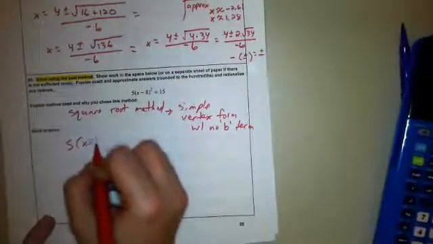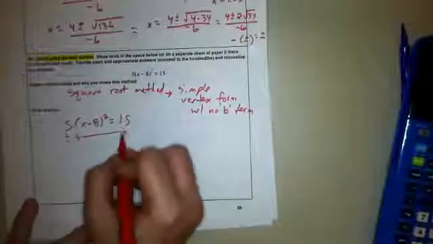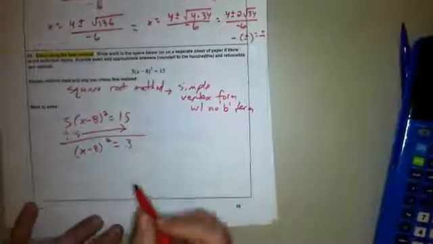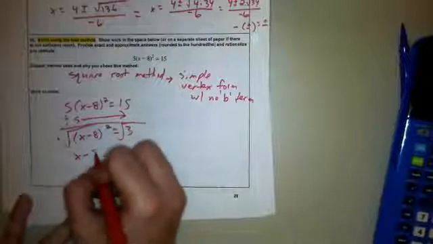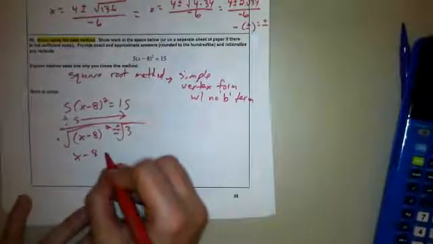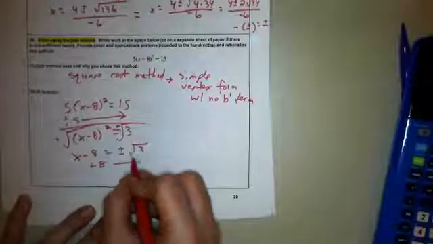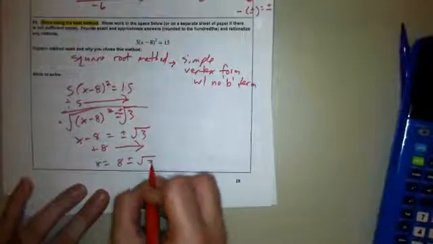5 times x minus 8 squared equals 15. I'm going to divide by 5. I get x minus 8 squared equals 3. Square root it. Oopsie. X minus 8 equals positive or negative square root of 3. We're going to add 8, and we get x equals 8 plus or minus square root of 3.